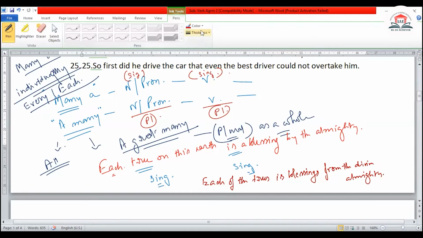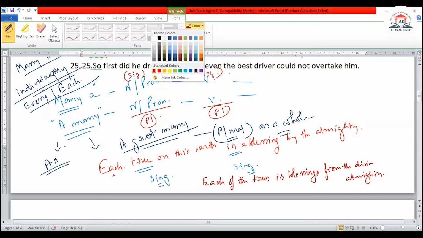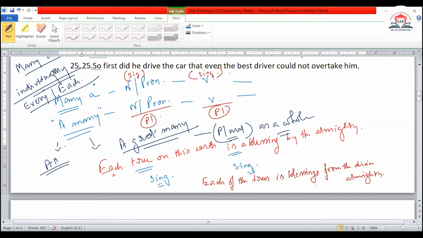Now see, again we have the same structure. Each of the trees. Now the noun is plural. Why? Because I'm mentioning individually each one of the trees. So out of so many, we mean individually each one. That's why it is each of the trees.